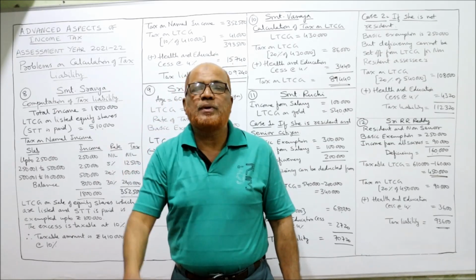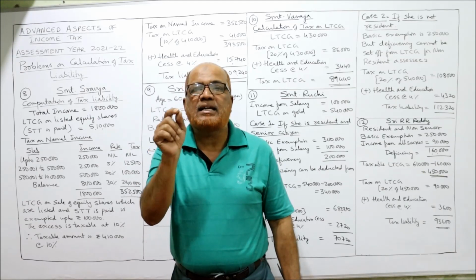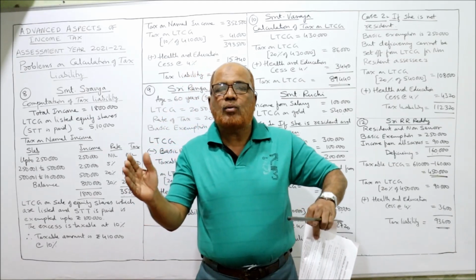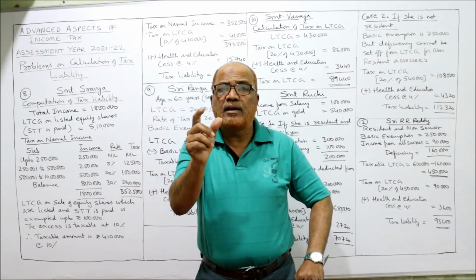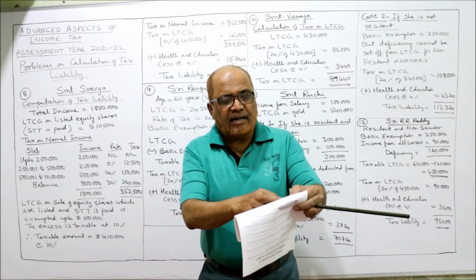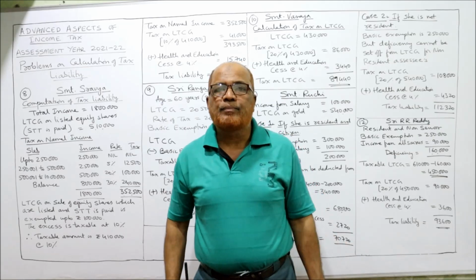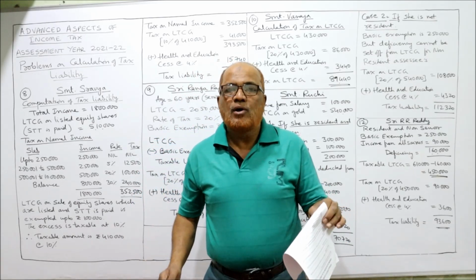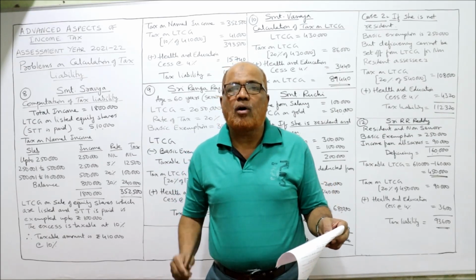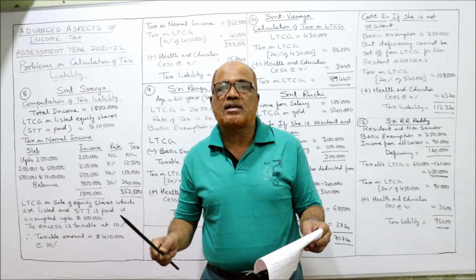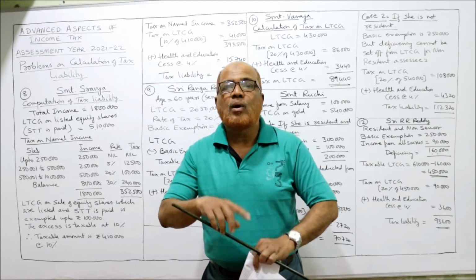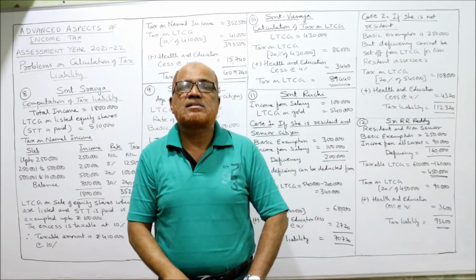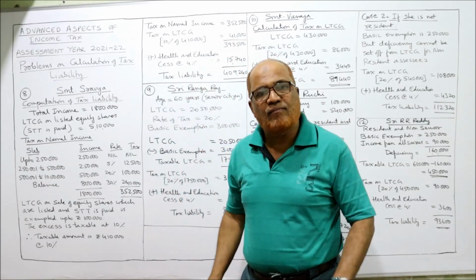The excess over rupees 1 lakh is taxable at a 10% flat rate. That means we have to calculate separately. On normal income of 18 lakh rupees, we apply the different slab rates. For long-term capital gain on sale of equity shares where STT is paid, 1 lakh rupees is exempted. The remainder is taxable at 10% flat.